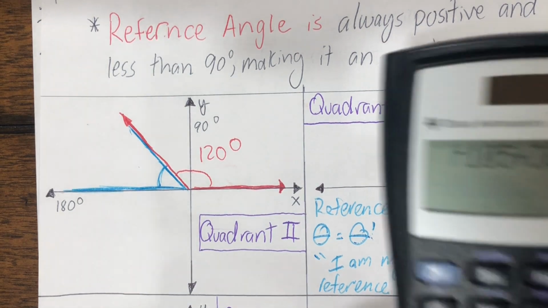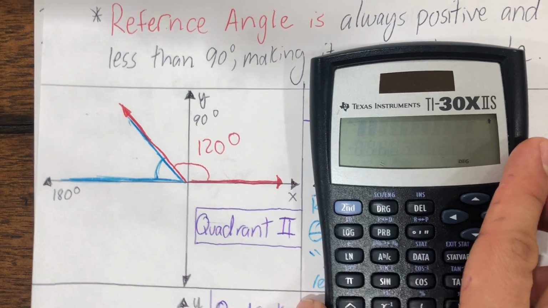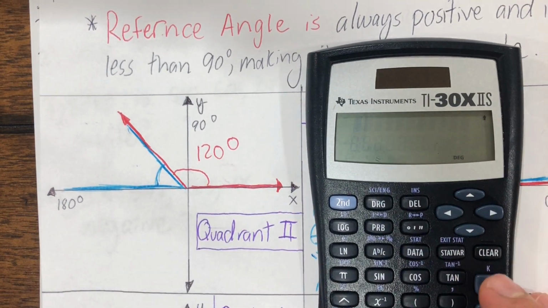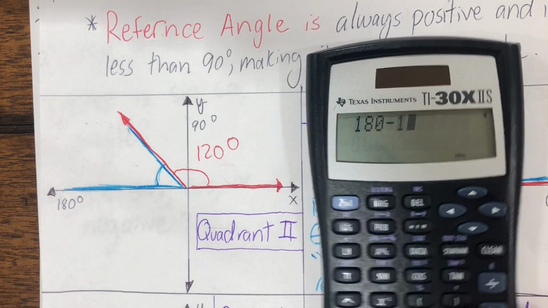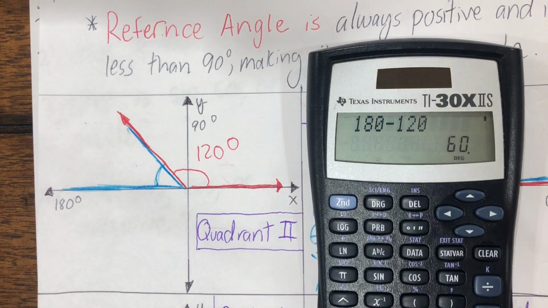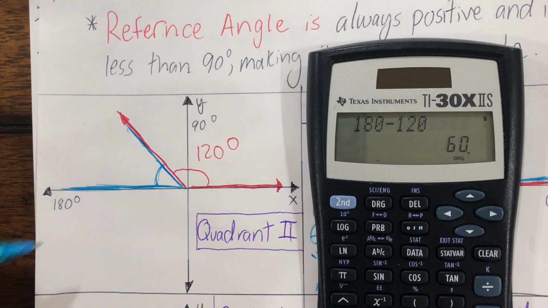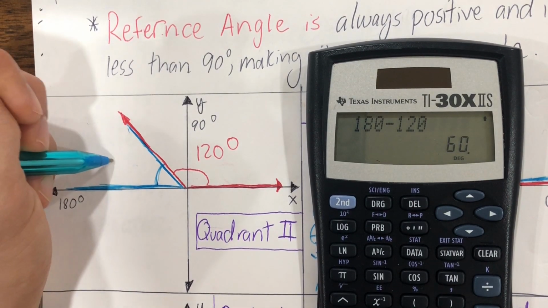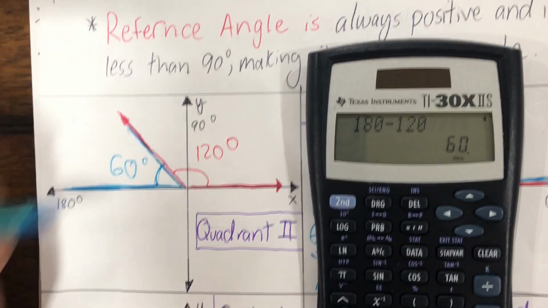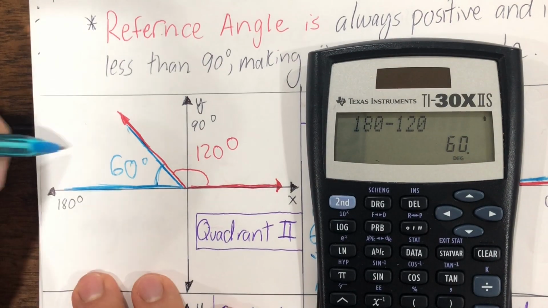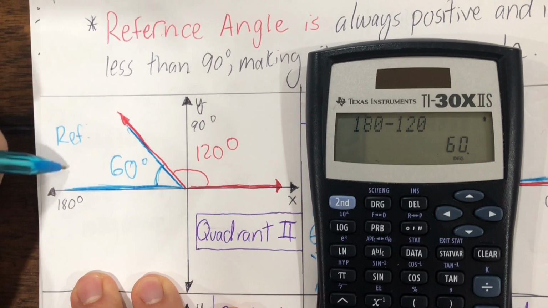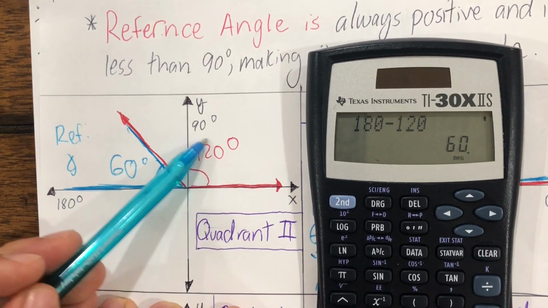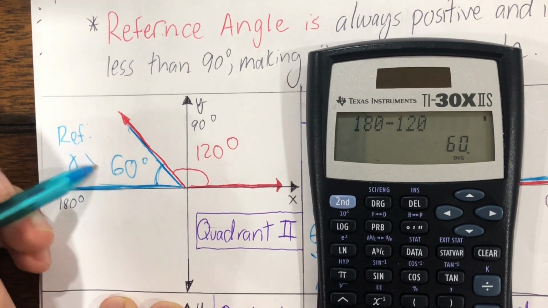So 180 minus 120, I get 60 degrees. That means my angle measurement over here is 60 degrees. So that's going to be my reference angle for 120 degrees.